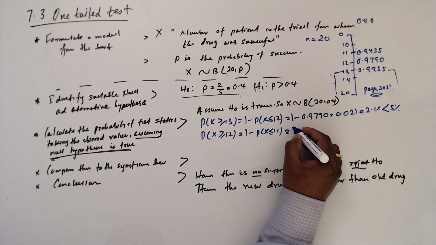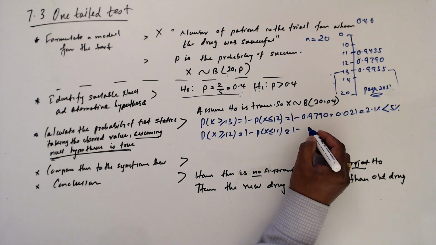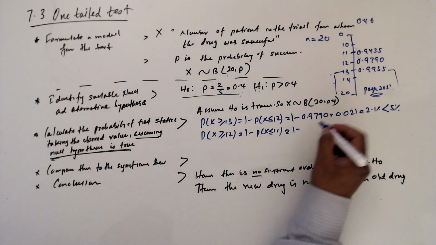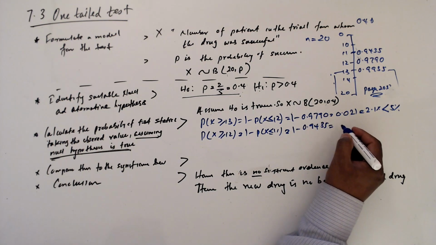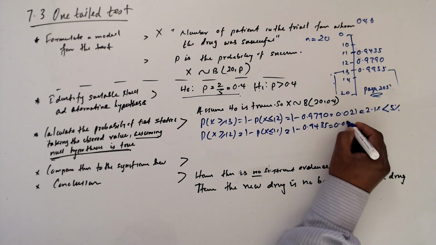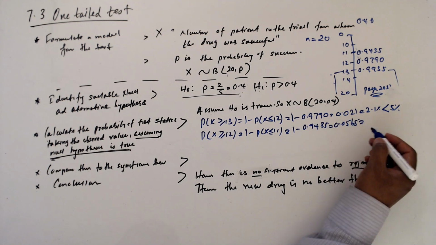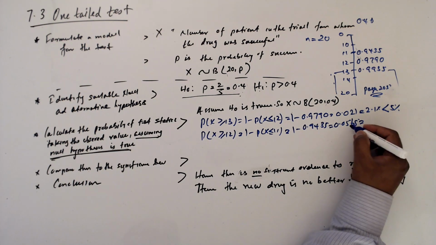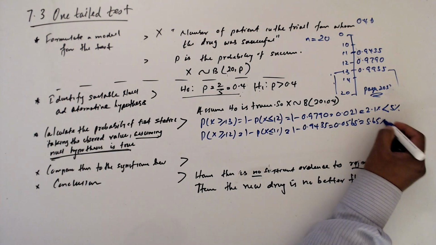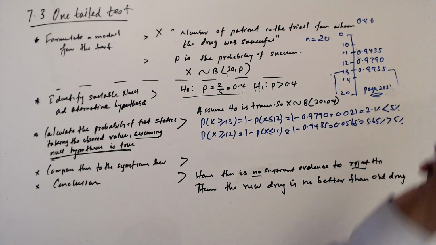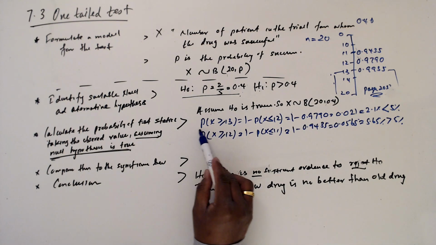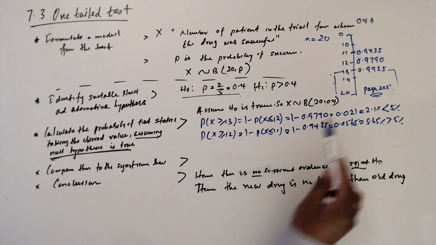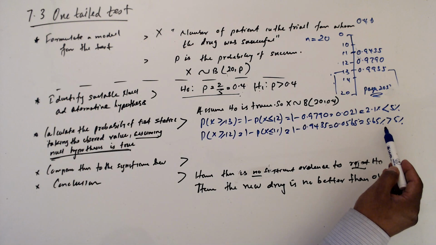Then 1 minus the value for 11, 0.9435, is going to be 0.0565. So this value is 5.65%, greater than 5%. Now it's clear that if you go up to 12, it is more than 5%.